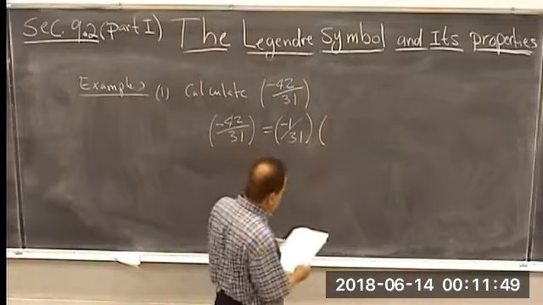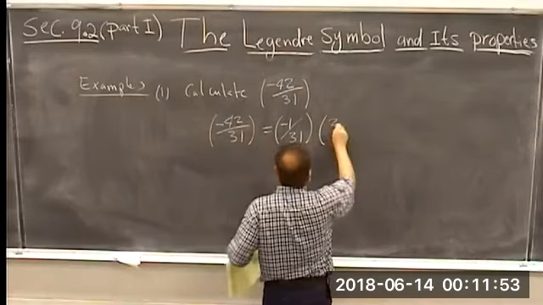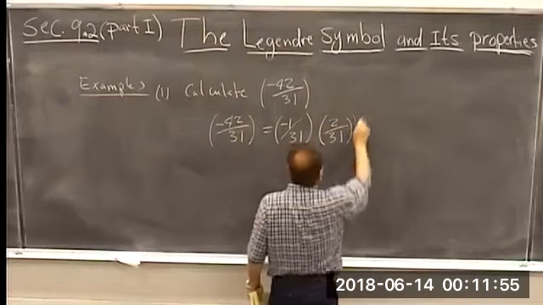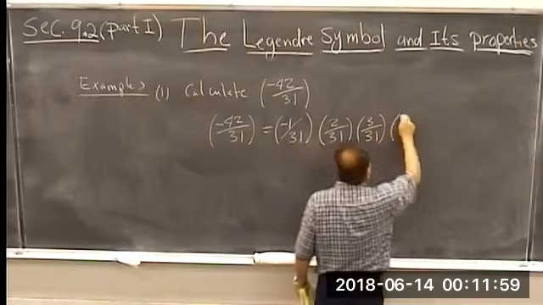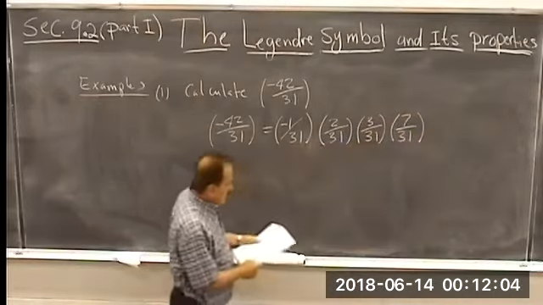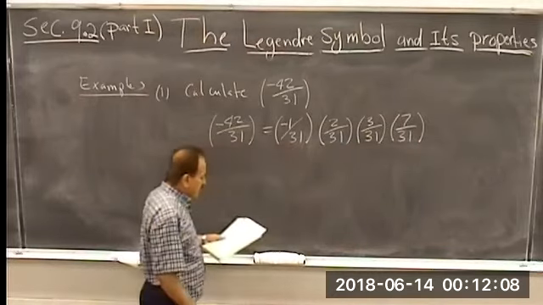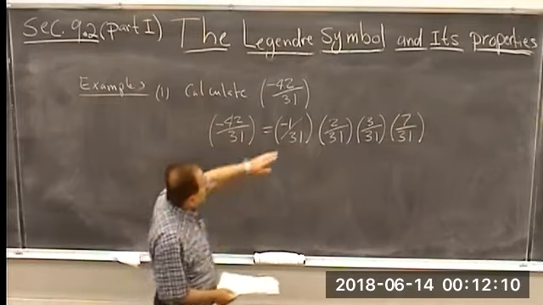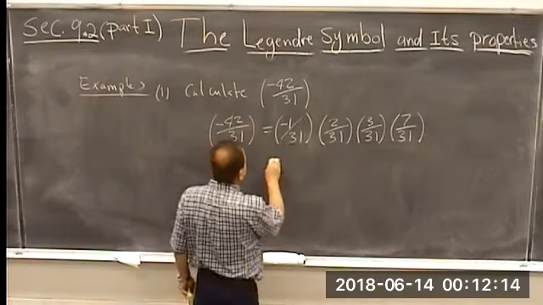The prime factorization of 42 is 2, 3, and 7. By calculating each one of these, we know that 31 is congruent to 3 mod 4, so this is going to give you negative 1.